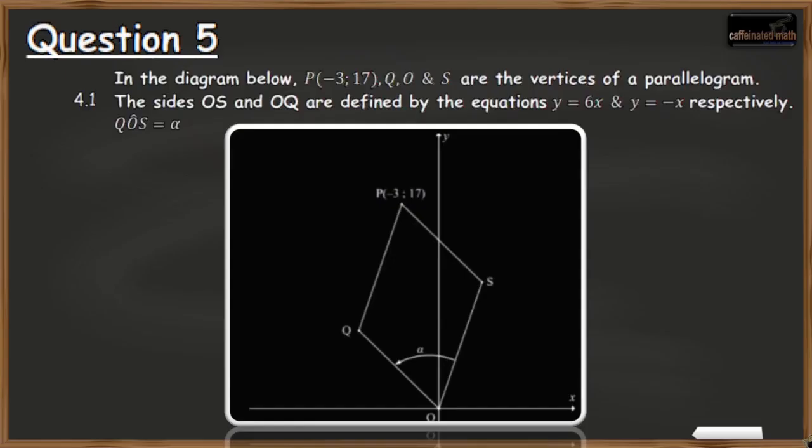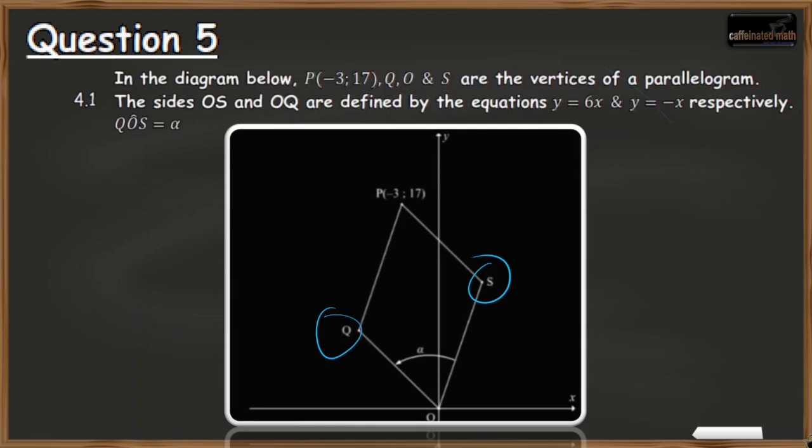we have a diagram where we have coordinates for P, minus 3 and 17, some point Q, and another point S. So Q and S are both in the coordinate plane, and O is obviously our origin. Q and S are vertices.